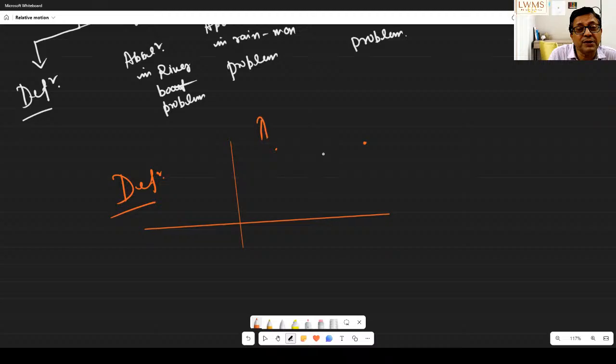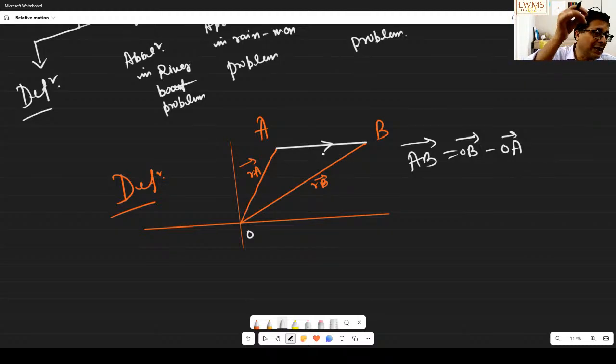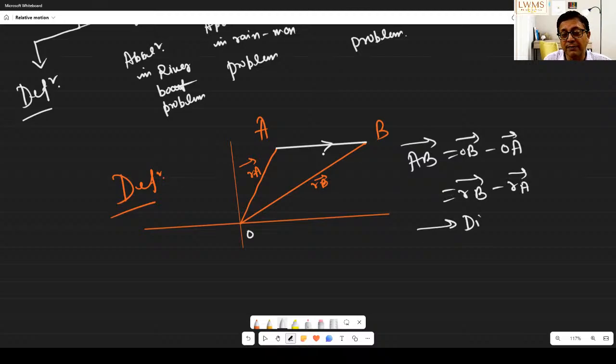Position vector of A and position vector of B. This position vector we take, say, RA, and this one RB. Then what is displacement vector? Displacement vector is AB. How to write AB vector? AB vector by triangle law, OB minus OA, isn't it? Here we will not write X or Y separately, we will write RB minus RA. This is called the displacement vector.